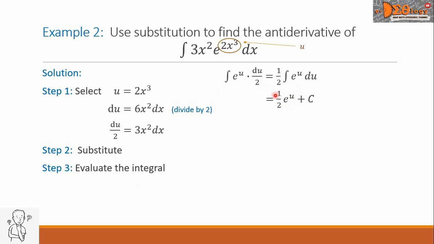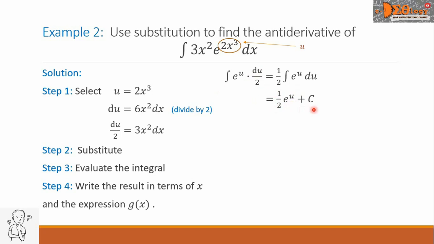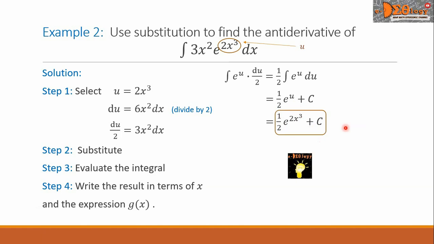So we have now 1/2 times e raised to u plus the c. Now, step 4, let us return the value of the u. So we have 1/2 times e raised to 2x cubed, then plus c. This is the final answer.